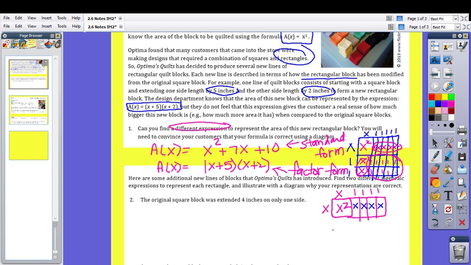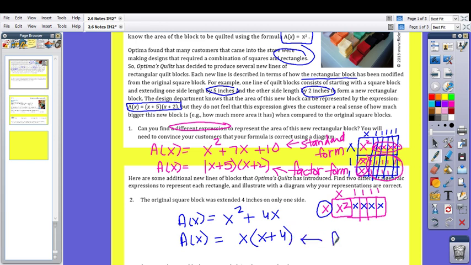So you will be getting the area will be 1 of the x squares and 4 of the x's. So this is your standard form. If you are writing it down as factor form, then you will do x times x plus 4. So again, this is your factor form, and this is your standard form.